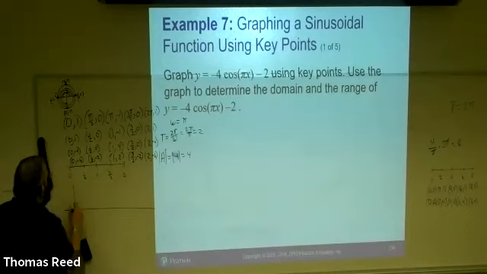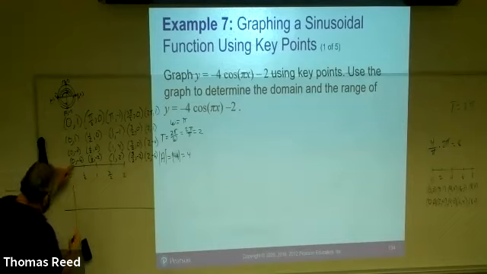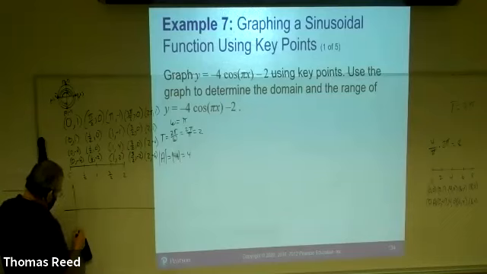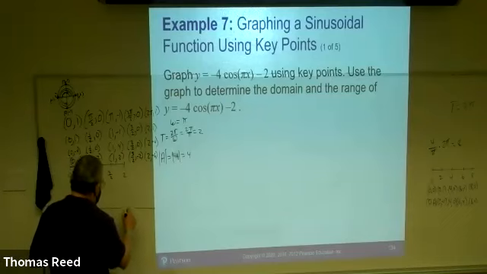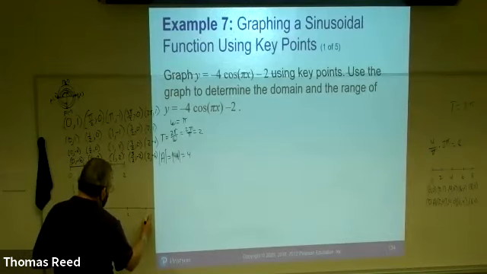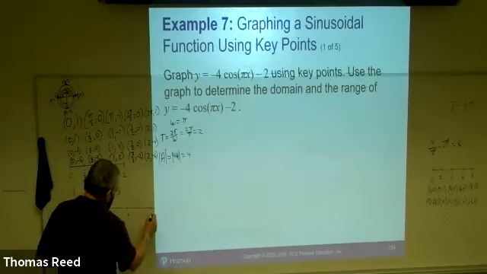And so graphing that, I have 0, -6 down here. So I'm going to say this is -6. 0, -6. Okay, so 2, 1. So I want to see what happens at 3.